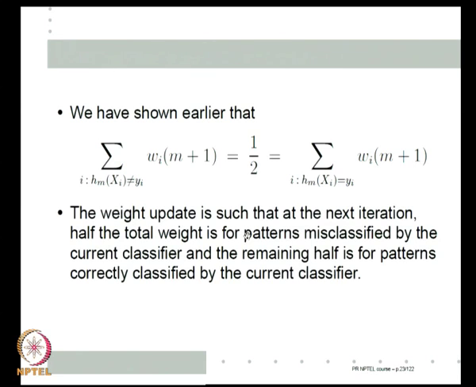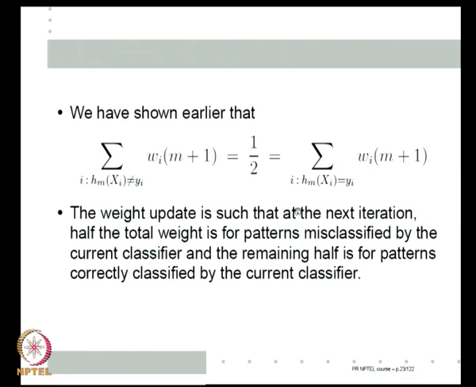What does that mean? The weight update is such that at the next iteration, half the total weight is for patterns misclassified by the current classifier, and half the total weight is for patterns correctly classified by the current classifier, right. This is automatically achieved by my weight update equations. We proved it last class that this happens to be so.